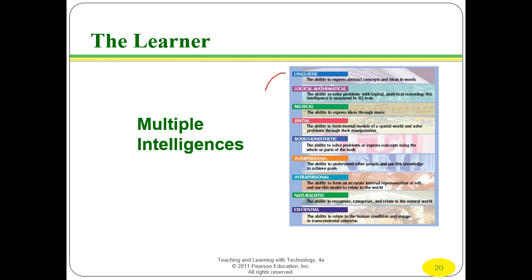And here you see a listing of the multiple intelligences. So you can take a look at those. Being able to deal with people and also deal with yourself.